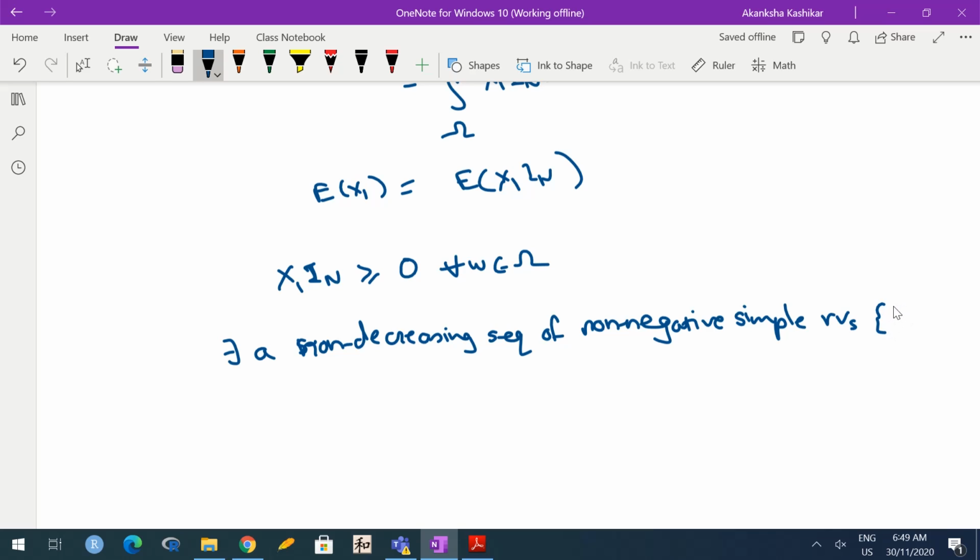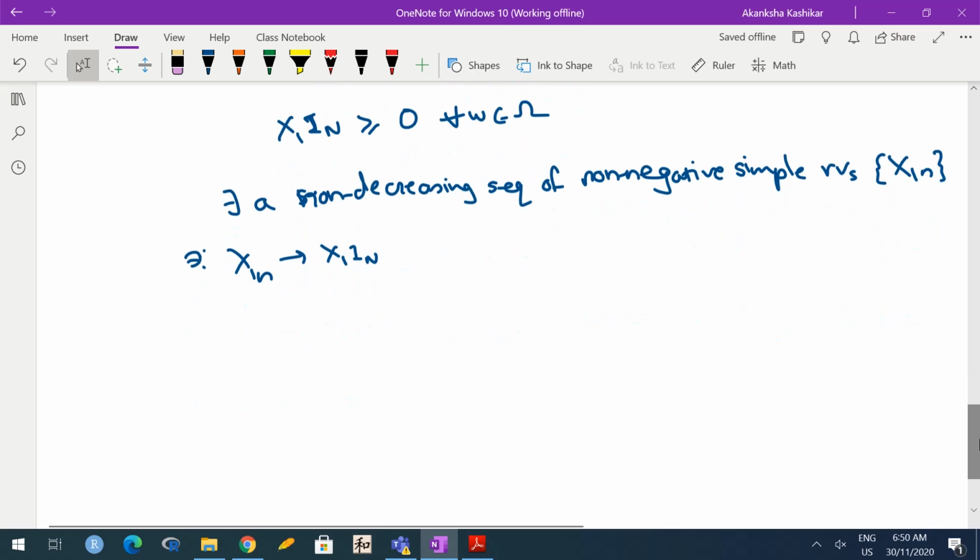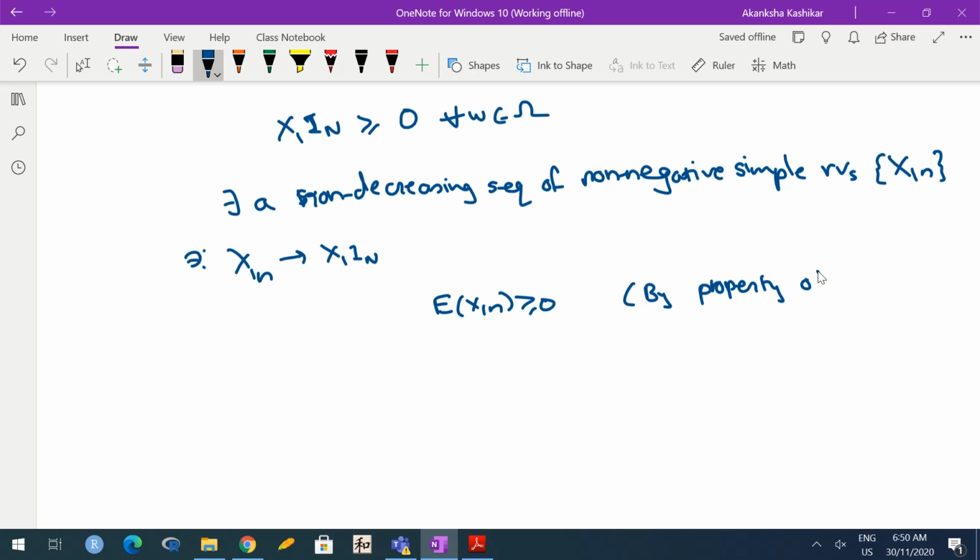Let me call them x1n's, such that x1n converges to x1 indicator N. Note that this small n has nothing to do with the capital N. Small n is representing the indexing in the sequence. And we know that since each x1n is non-negative, expectation of x1n is also greater than or equal to 0. This is by the property of expectation of simple random variables.